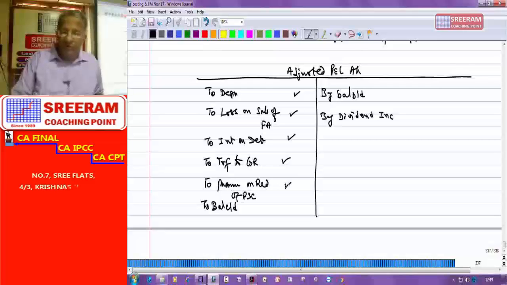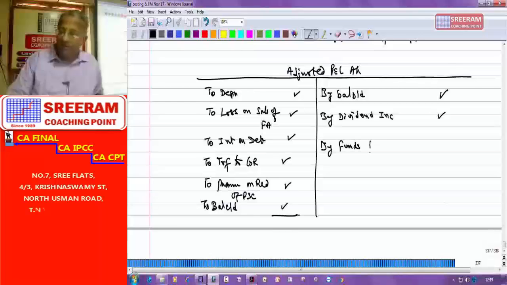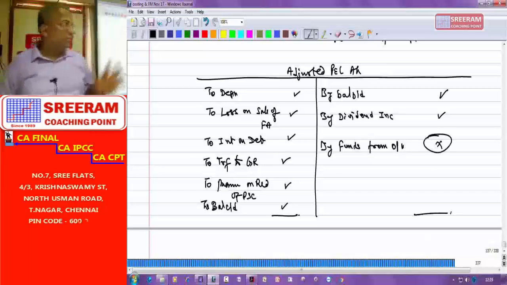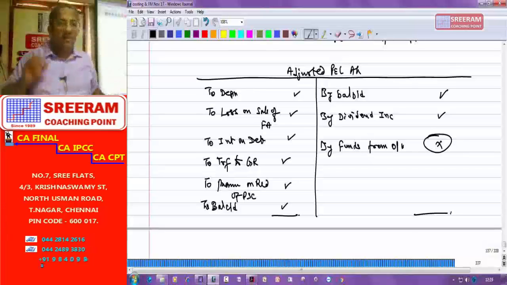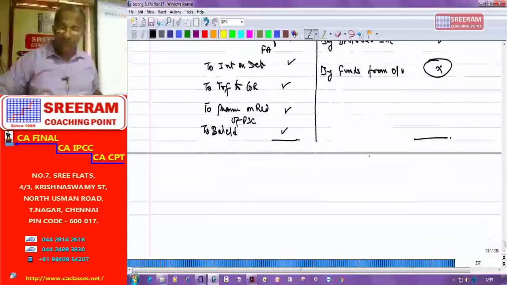Something like that we normally do, no? By funds from operation. This is a balancing figure. This is the first of its format. How to use this for fund flow and how to use this for AS3, that I will tell you. This is the first one.